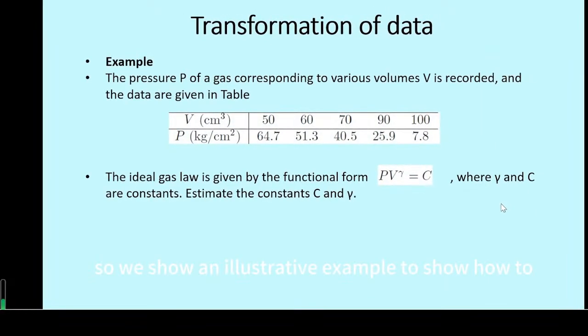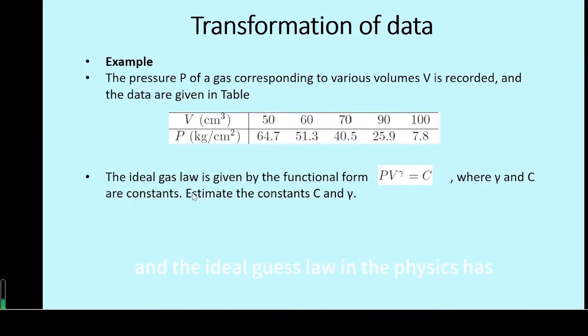We show an illustrative example of how to obtain a linear regression when the relationship between x and y is not linear. The pressure P of a gas at various volumes is recorded, and the data is given in the table.